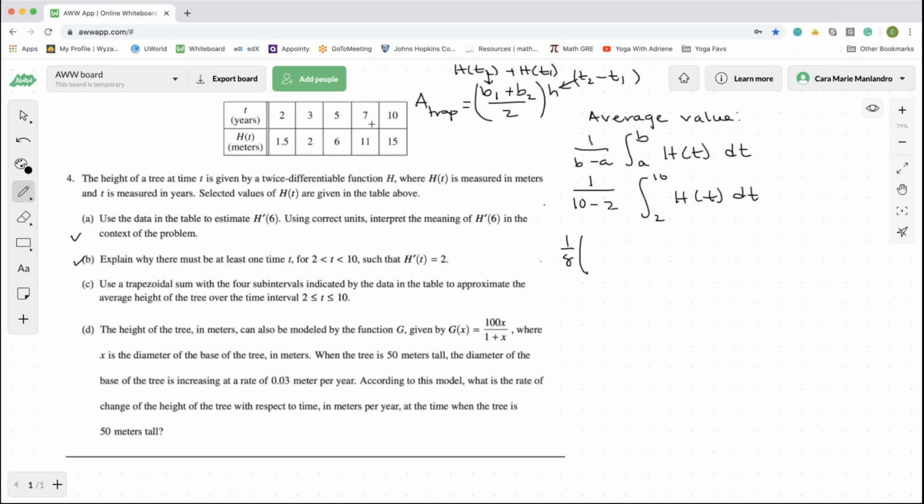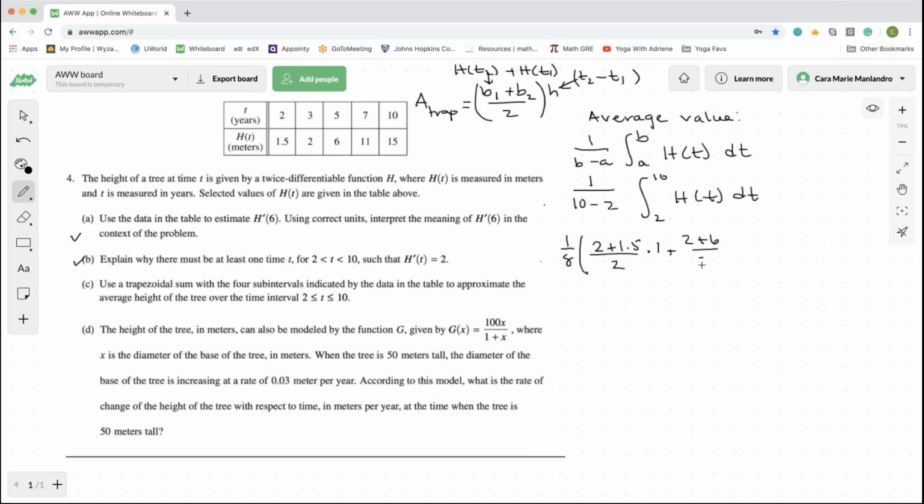All right, and so I'm just going to go through and find all of that. So 2 plus 1.5 divided by 2, and then the distance is 1 for that one. All right, and then we go to the next one.